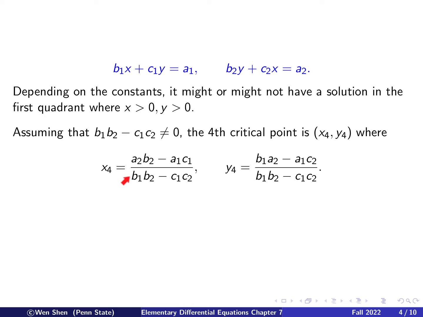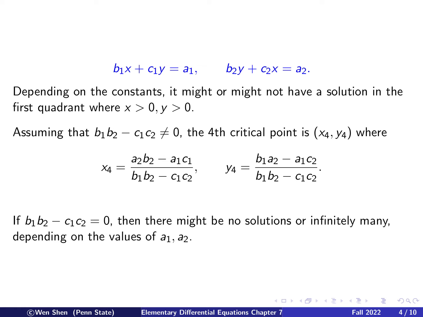Here we're just writing it out. We don't know if these two numbers are positive or not. Okay, so on the other hand, if b1 b2 minus c1 c2 equals 0, then there might be no solutions or infinitely many, and again that would depend on the other values, here the values of a1 and a2.